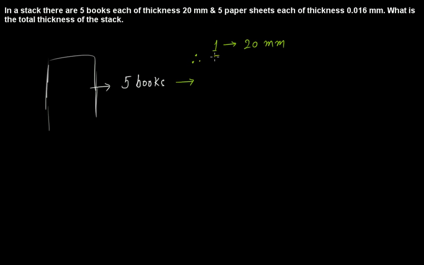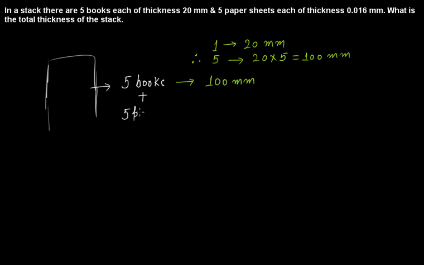Therefore, thickness of 5 books will be 20 multiplied by 5, that is 100 mm, right? So 100 millimeter.